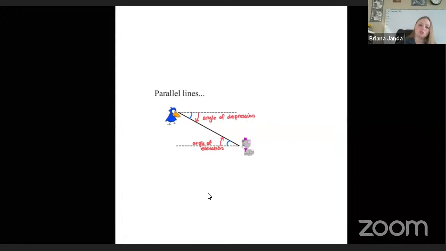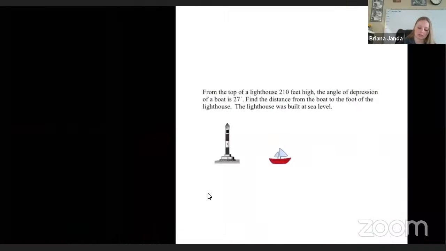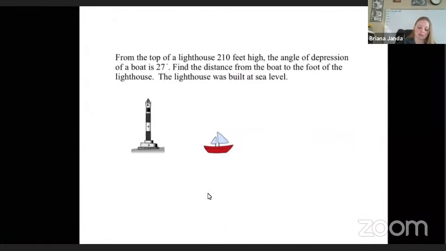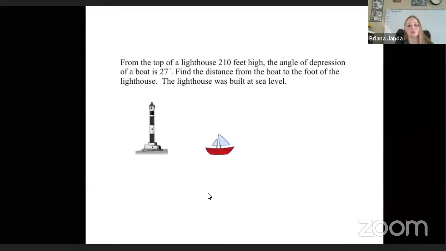Okay, so let me show you exactly what I'm talking about with this next example. It says, from the top of a lighthouse, here's my lighthouse, that is 210 feet high, the angle of depression of a boat is 27 degrees. Now, it is most natural for me to connect the lighthouse to the boat like this, with this line looking down, okay?